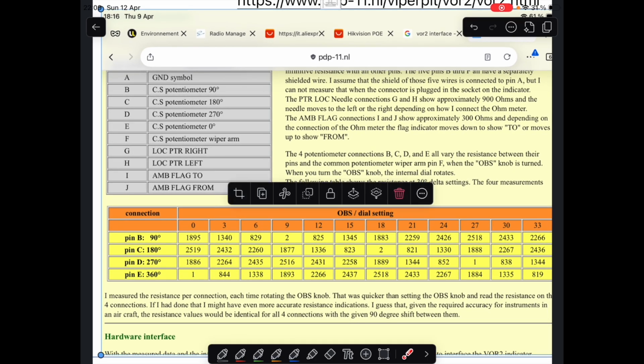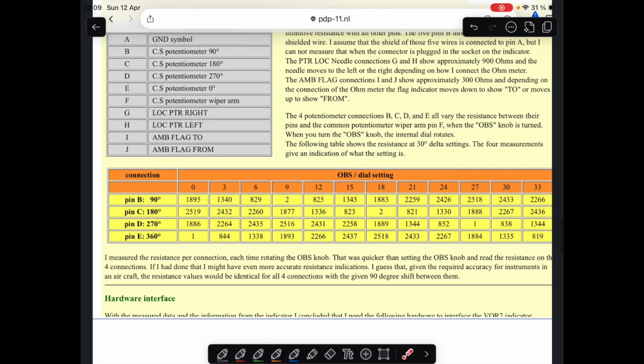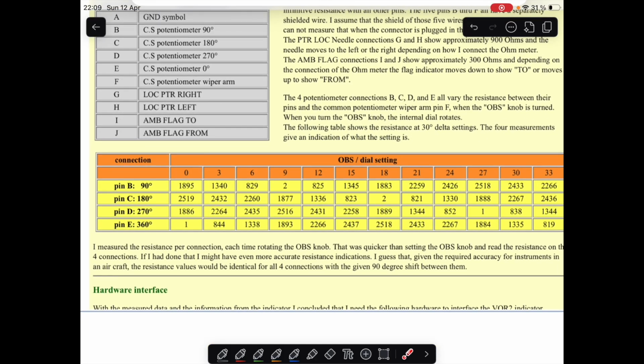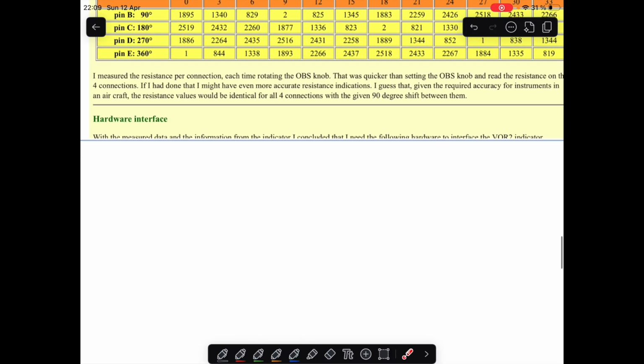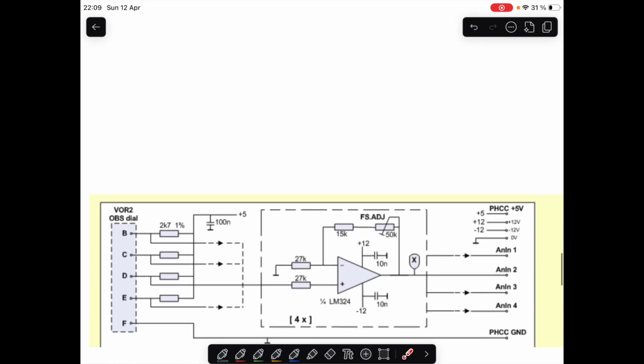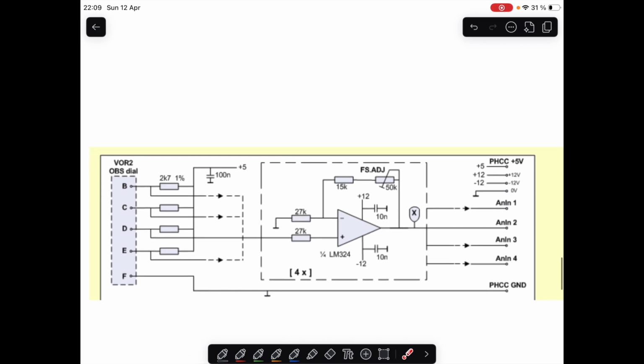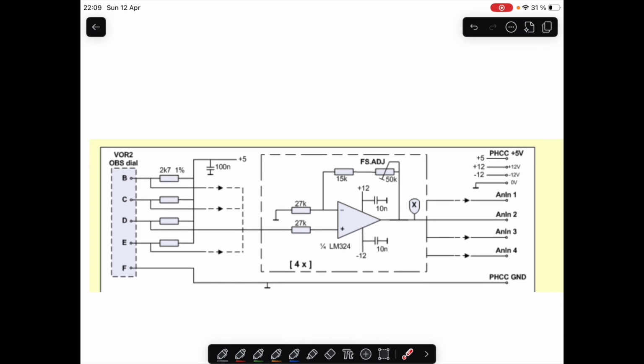So once I understood this, I thought that instead of measuring resistance, of course, we're going to measure voltages. I also found here a very nice interface that has also been published on this page, that this guy made.